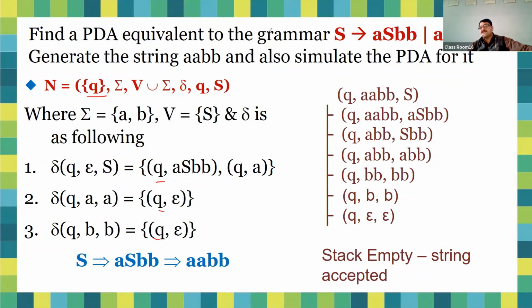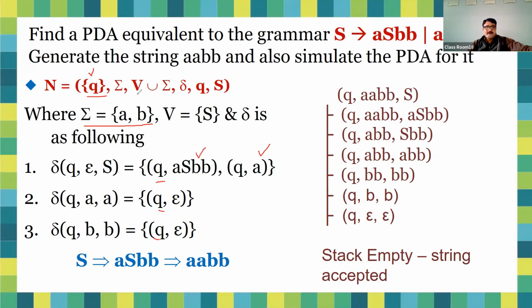But our objective is just to convert the production rules into the form of transition functions. So you should use only a single state in this place, right? So always this will be Q. And here these are the terminals, right? So here the terminals are A and B.